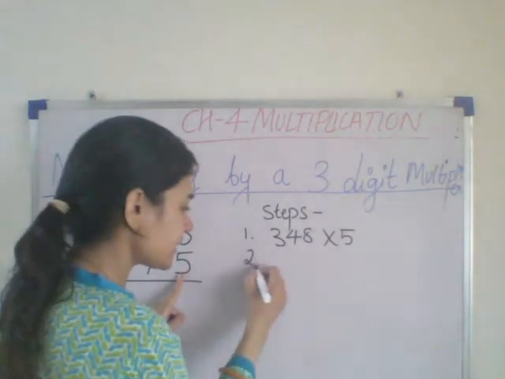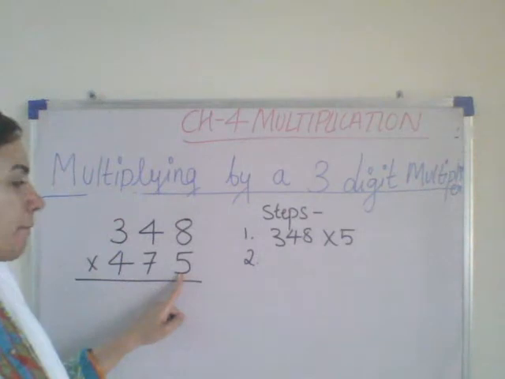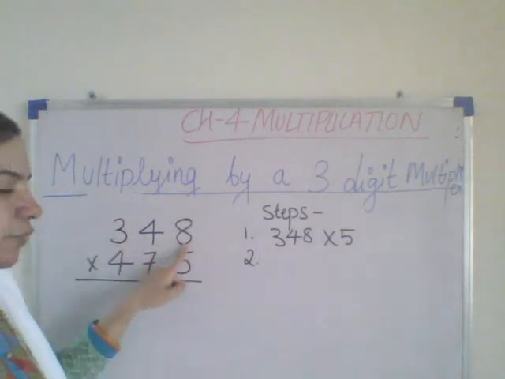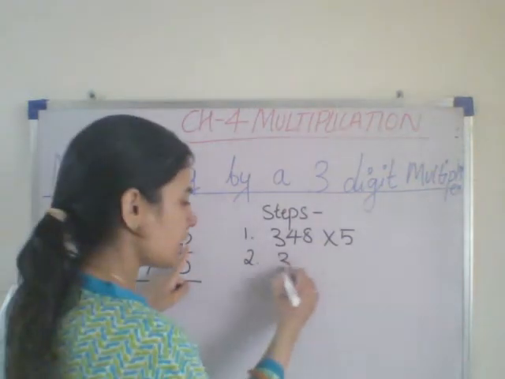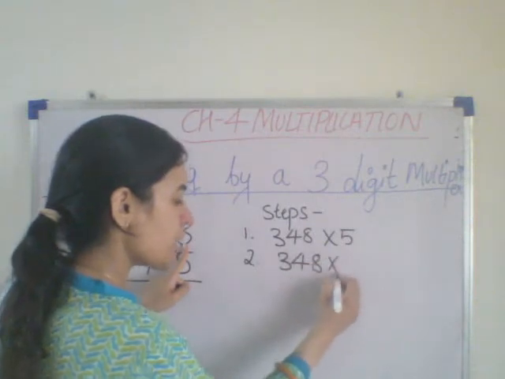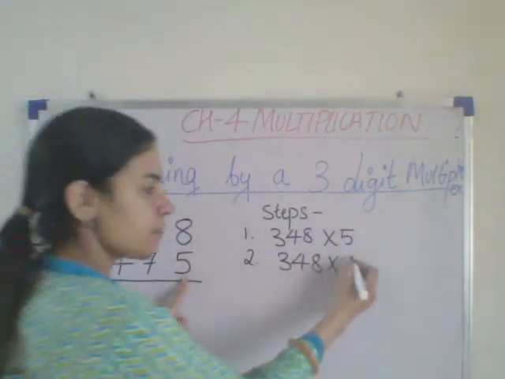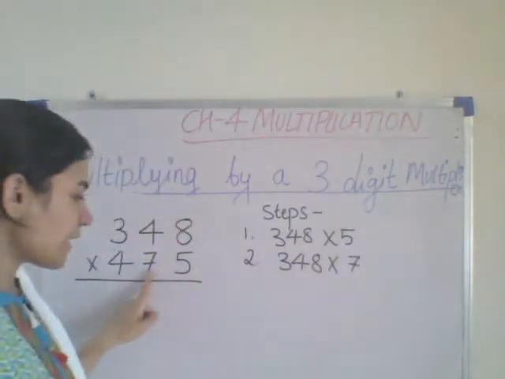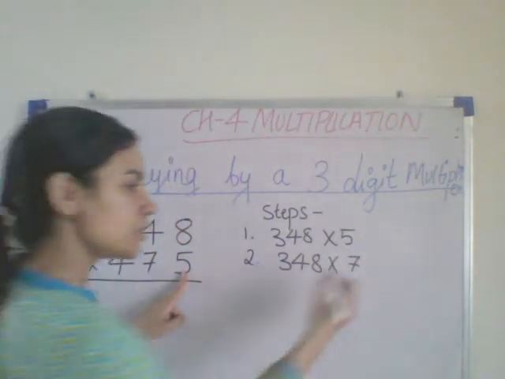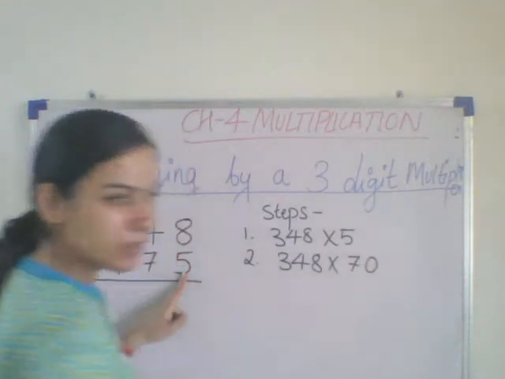In the second step, we have to multiply 348 with 17. Why is it 17? Because after 7 only one digit is there. So I am writing 10 here.